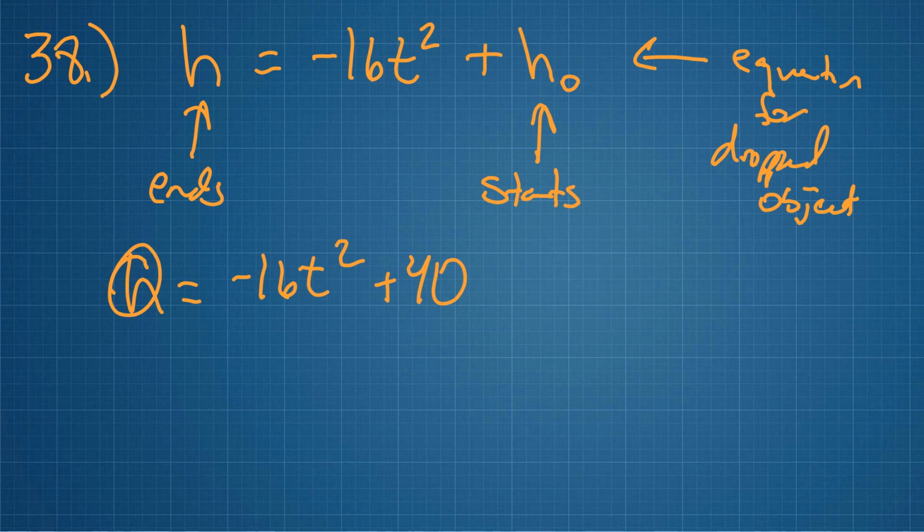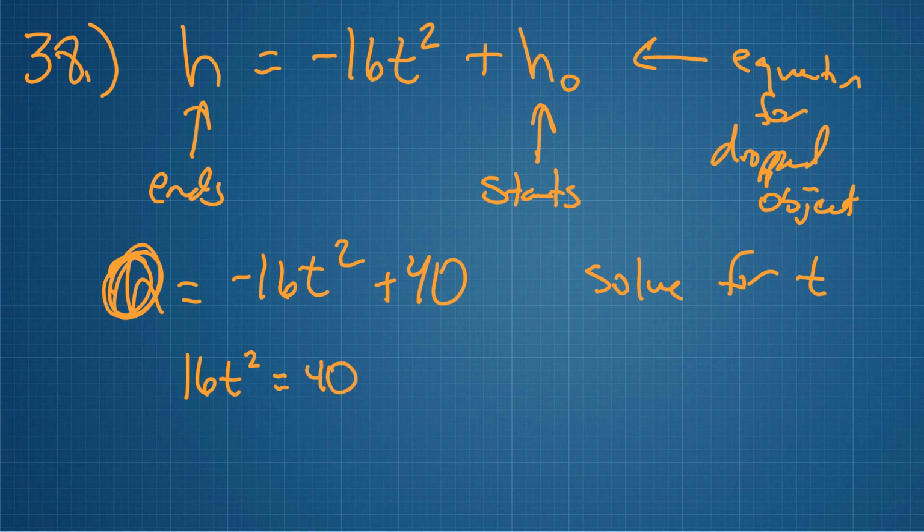In this problem, h is going to be equal to 0 because that's sea level. So what I'm going to do is I'm just going to solve for t. So I'm going to add 16t squared to both sides. Now I divide both sides by 16. So I get t squared equals 40 over 16, which is the same as 5 halves.